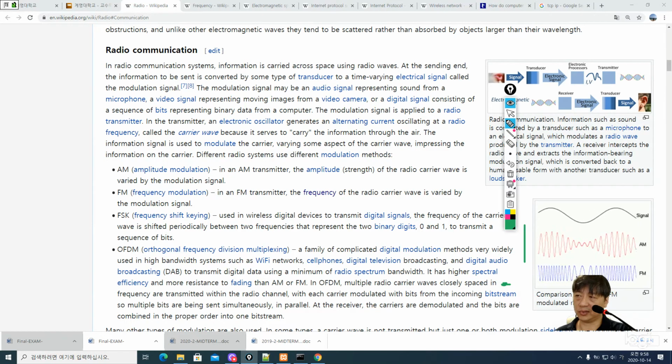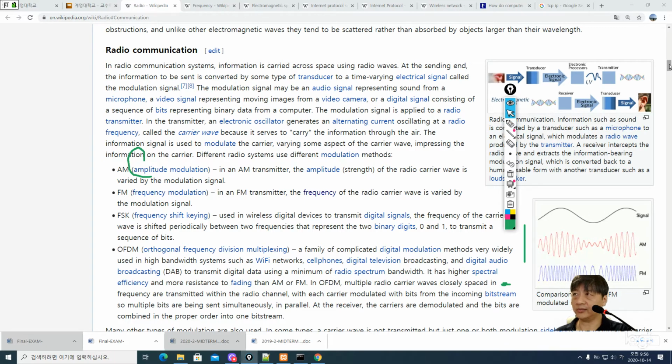In other words, FM uses the differences in wavelength for communication purposes, whereas AM uses amplitude for communication purposes.